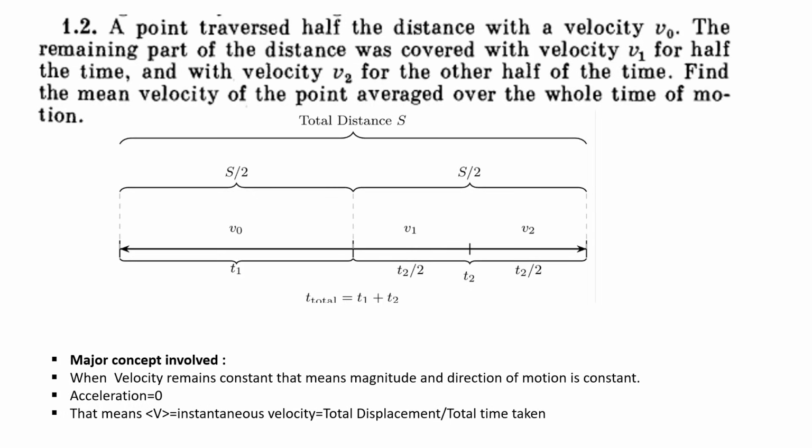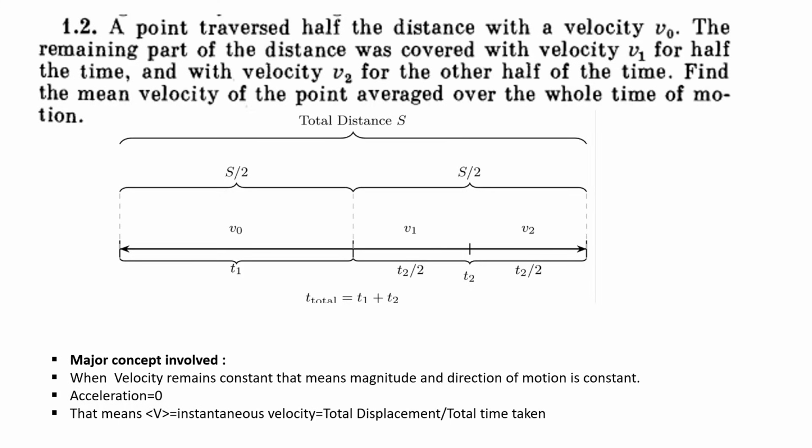Friends, you should understand the major concepts involved in this problem. The mean velocity is nothing but the total displacement covered by the particle divided by the total time taken. Whenever the velocity of a particle is constant, that means, since velocity is a vector quantity involving magnitude and direction, the magnitude and direction of the particle remain constant.